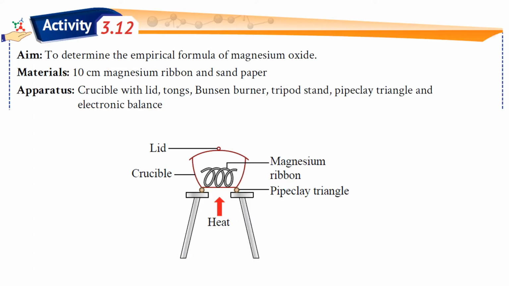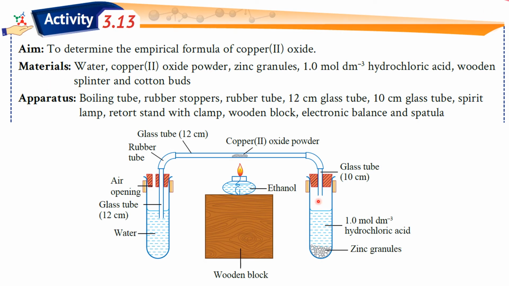So this is the experiment in this subtopic, to determine the empirical formula of magnesium oxide. We will do this in school. This is another experiment, to determine the empirical formula of copper(II) oxide.